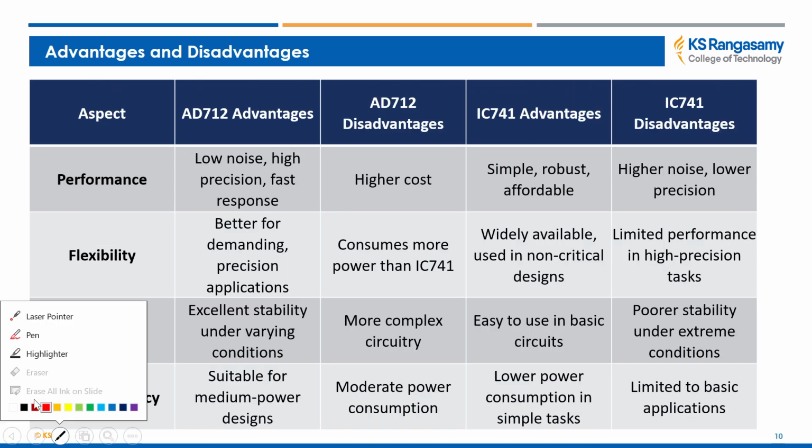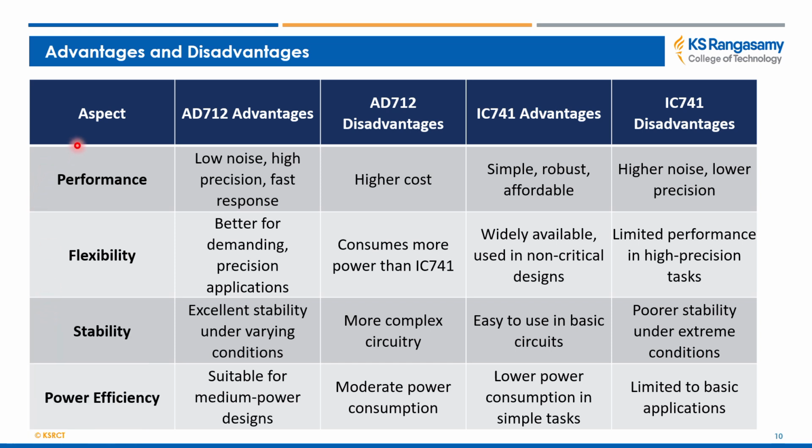Next we are going to see the advantages and disadvantages. Performance wise, AD712 has very low noise, high precision, and fast response. IC741's advantages are that it is simple, robust, and affordable. The disadvantage of AD712 is the higher cost, while IC741 has higher noise and lower precision.